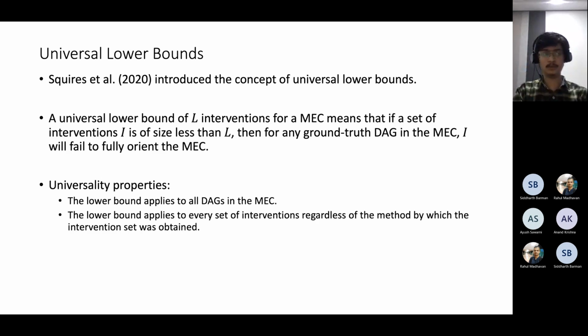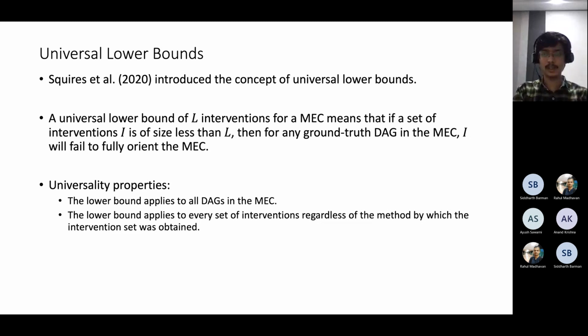And there are lower bounds for the worst case. A worst case lower bound would be something like: there is a DAG on which this many interventions are required starting from the MEC.